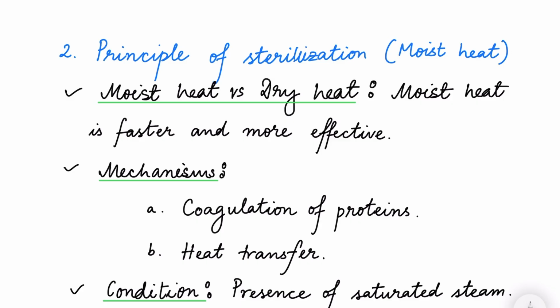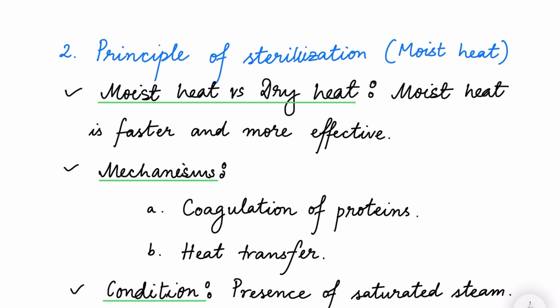When steam comes in contact with microorganisms, it transfers heat efficiently and causes coagulation and denaturation of proteins inside the microbial cell. Once these proteins lose their structure, the cell cannot survive. This is the fundamental mechanism by which autoclaves achieve sterilization.